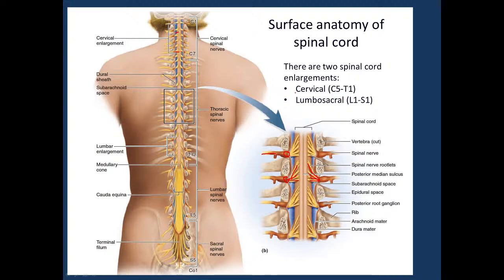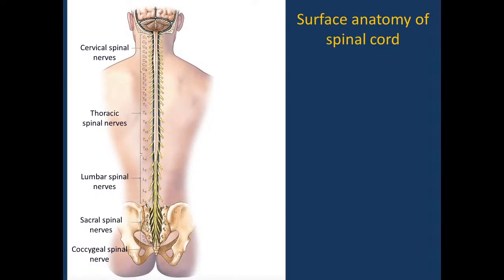The cervical enlargement extends from the fifth cervical to the first thoracic segments, and there is also an enlargement from the first lumbar to the first sacral segments. Here, the cervical enlargement and lumbosacral enlargement are visible in this picture.